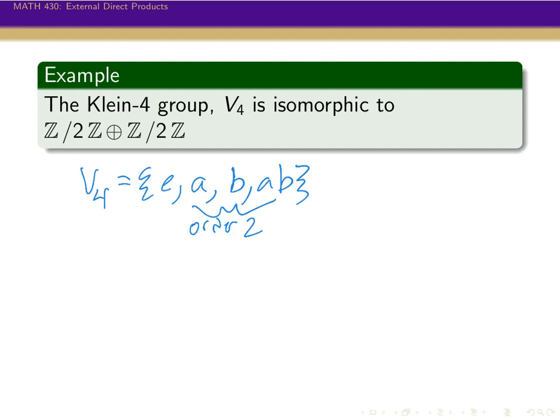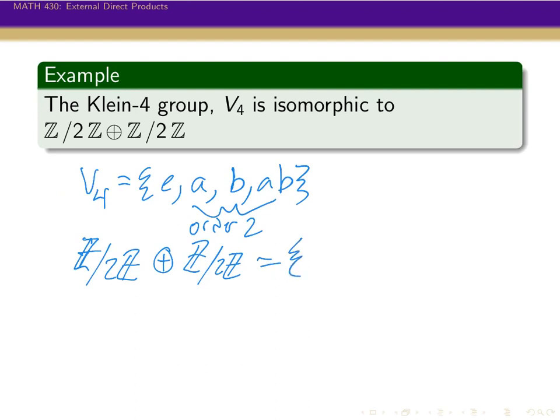And this happens to be isomorphic to Z mod 2Z ⊕ Z mod 2Z. And Z mod 2Z ⊕ Z mod 2Z also has 4 elements, which should make sense since they're isomorphic to each other.